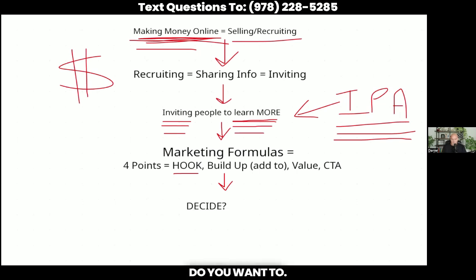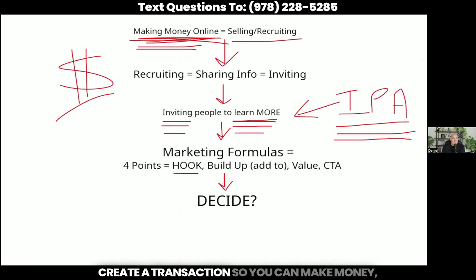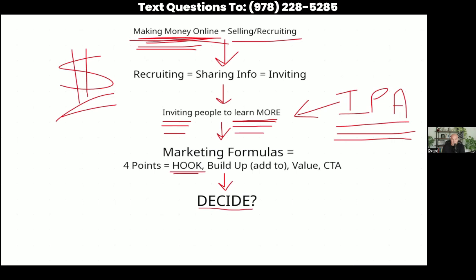Do you want to go do income producing activities each and every single day to generate you cash? If you want to have a sale, create a transaction so you can make money, decide if you want to do this or not.